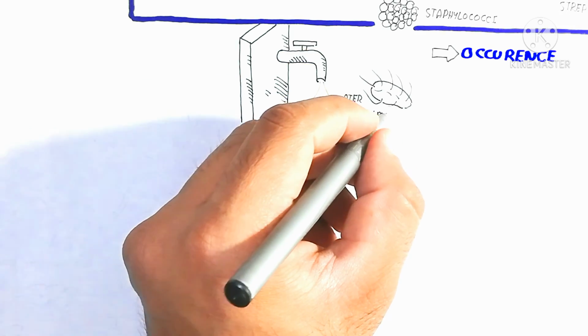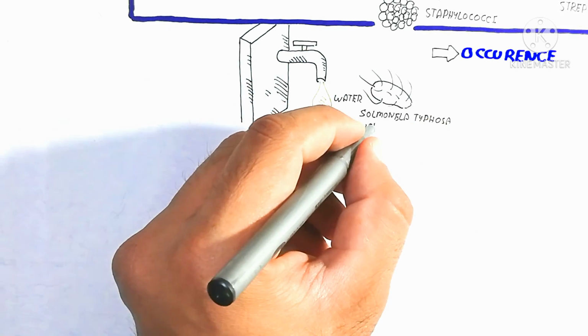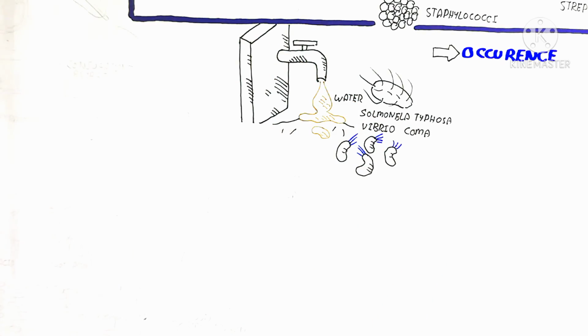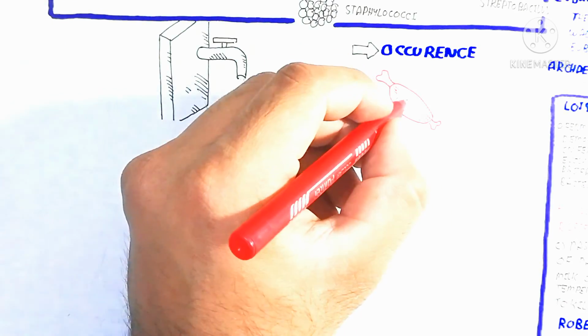The variety depends on the place. Here is the water, which contains Salmonella typhosa, which infects the digestive tract, and Vibrio, which is comma shaped, looking like this.